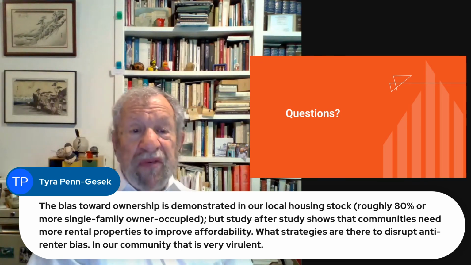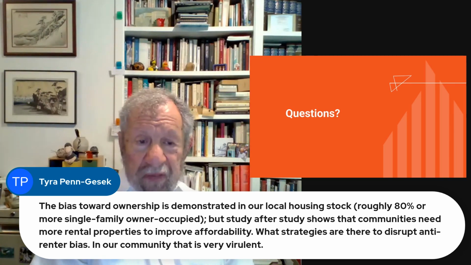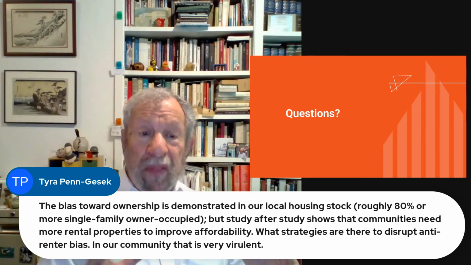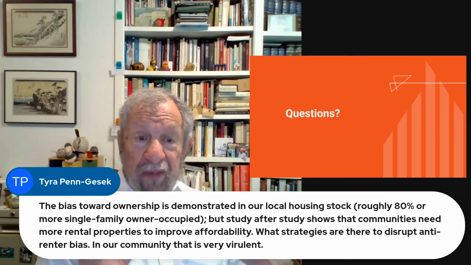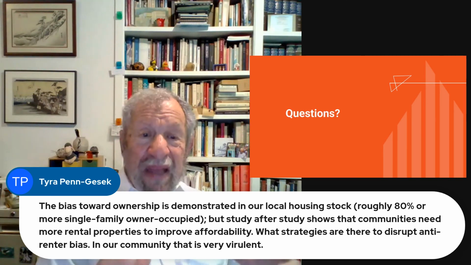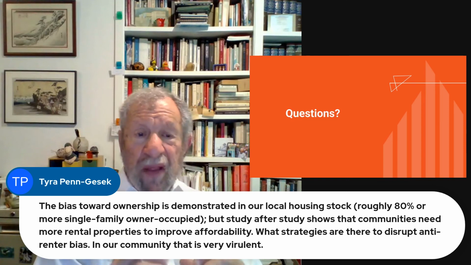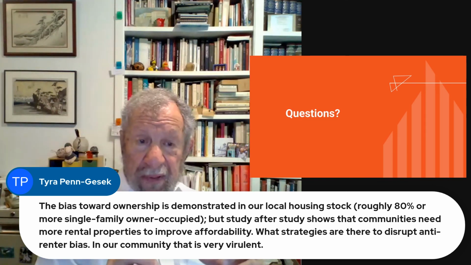The problem is anti-renter bias is bad. Anti-homeownership bias is equally bad. Any solid housing market needs both of them. But what I tried to say is the nature of homeownership versus rental adds something that is valuable for the neighborhood.